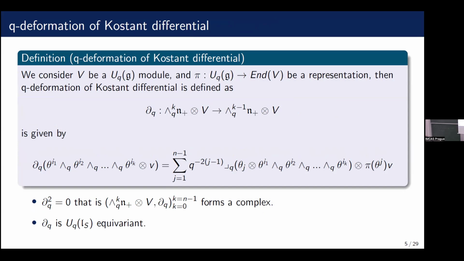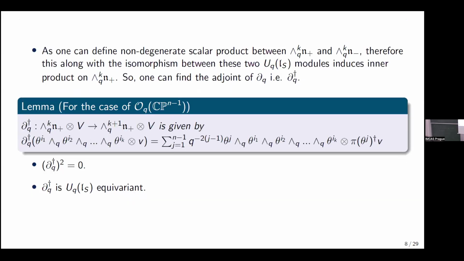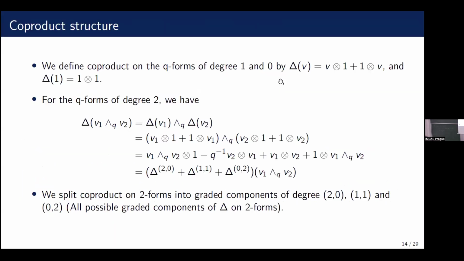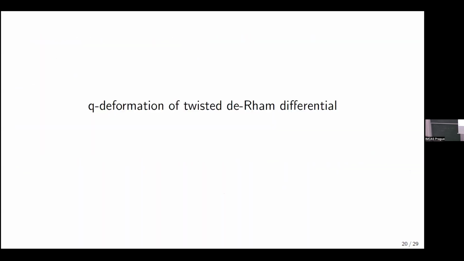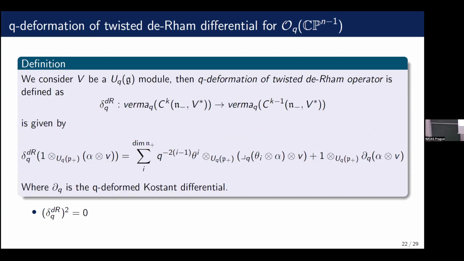For the one-dimensional case, the action of these thetas will vanish. So we have this Dirac differential with two components. When we take the one-dimensional representation, we do not have any contribution from one of them, so the only contribution comes from this one.